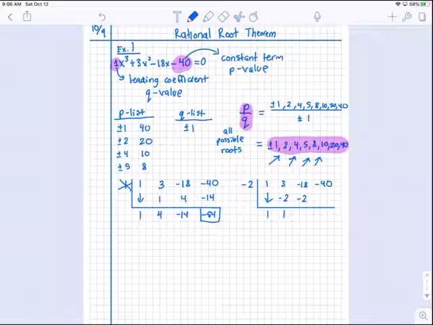We add, we get negative 20. Negative 2 times negative 20 will give us 40. We add, and we get 0. So we got a remainder of 0, which means negative 2 is a root to our polynomial.